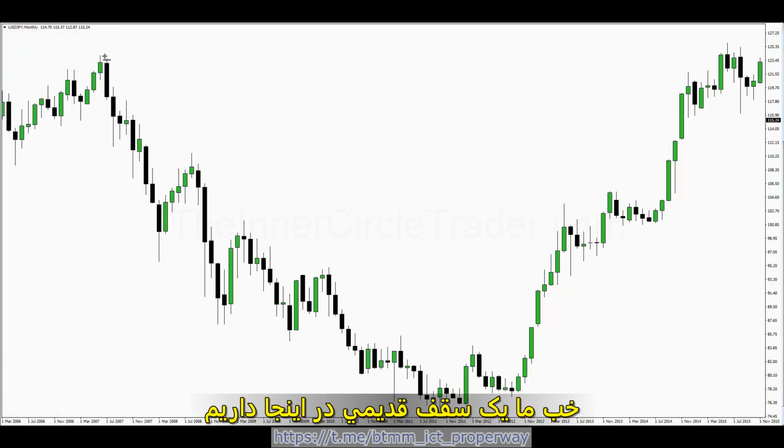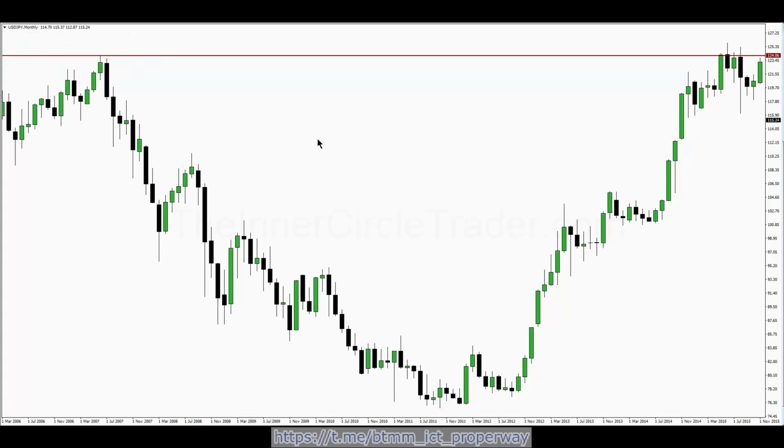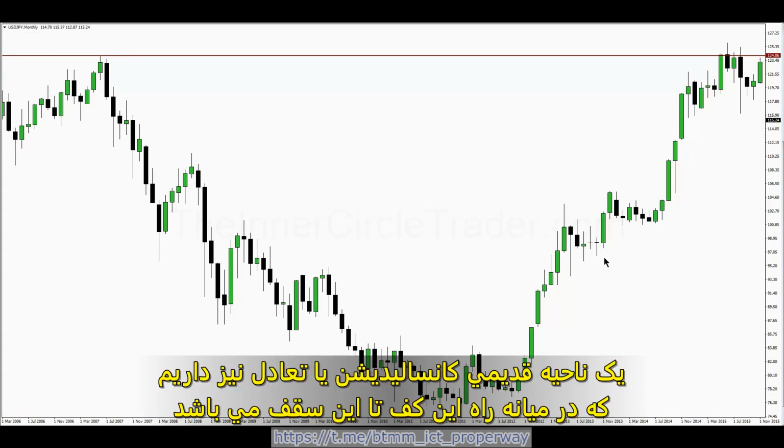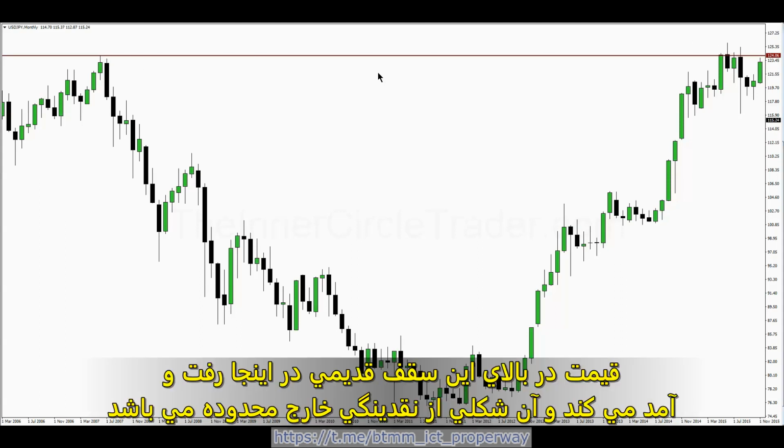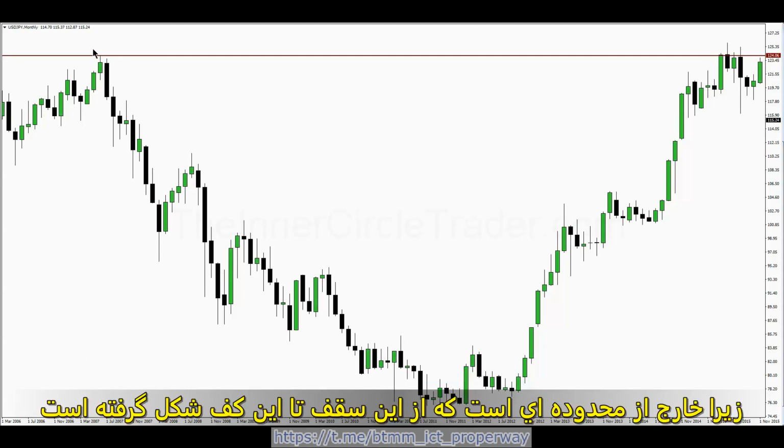Okay, we have an old high back here, and we have an old area of consolidation or equilibrium. It's about halfway from the low up to this high. Price sweeps above this old high, and that will be a form of external range liquidity because it's outside the range from this high and the low it formed.